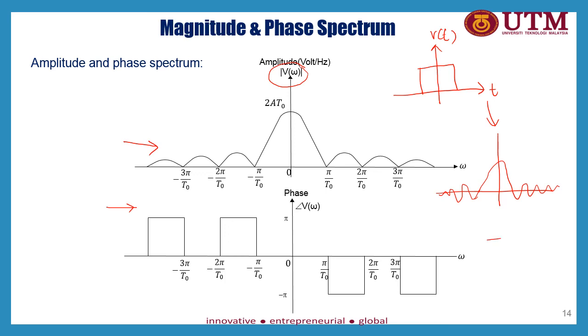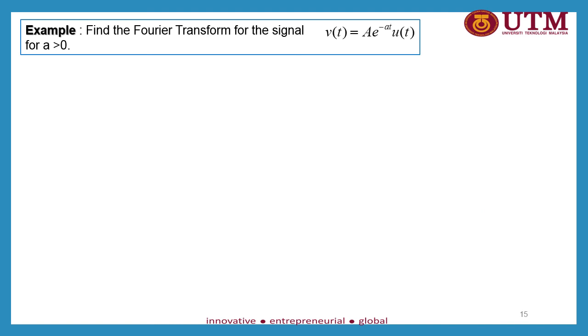Negative to positive is a shift by pi. That's why you will see either positive pi or negative pi. If you derive the sinc function back into exponential function, you will see that it's a double-sided spectrum with alternate phase shift.